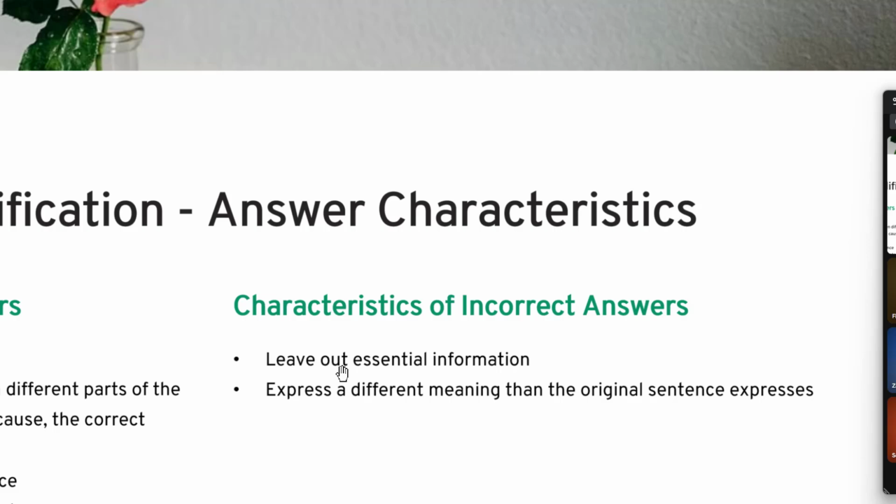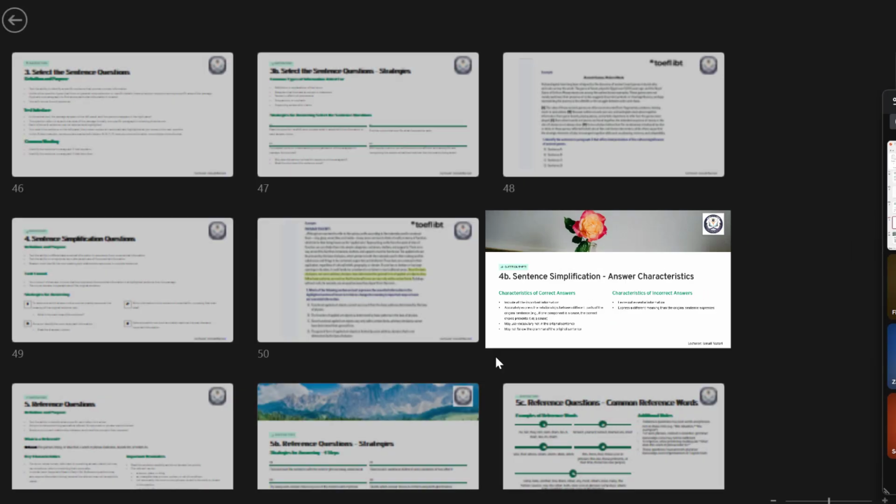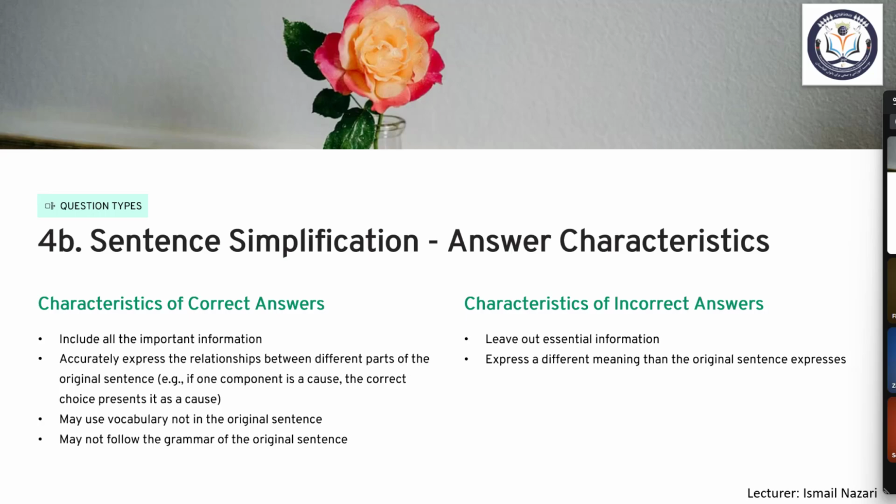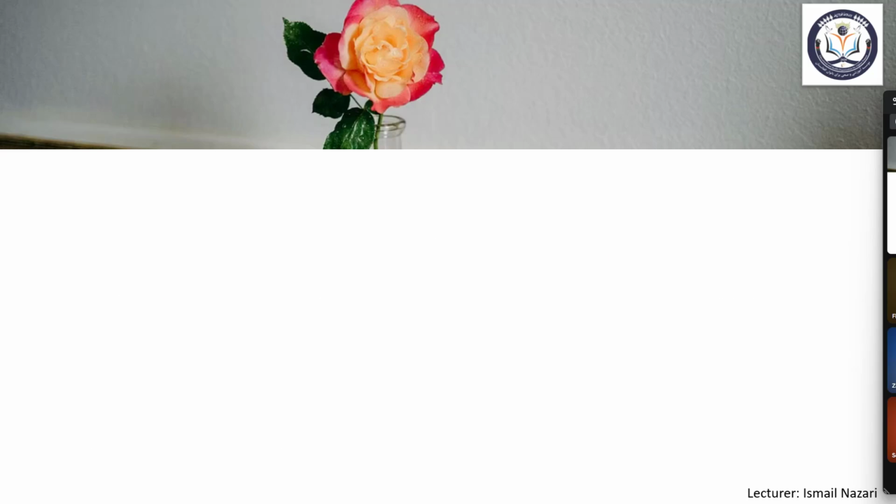It was leaving out essential information that was stated inside the highlighted text. Secondly, it expresses a different meaning than the original sentence expresses. So it's a manipulation, or it changes the idea which is expressed.